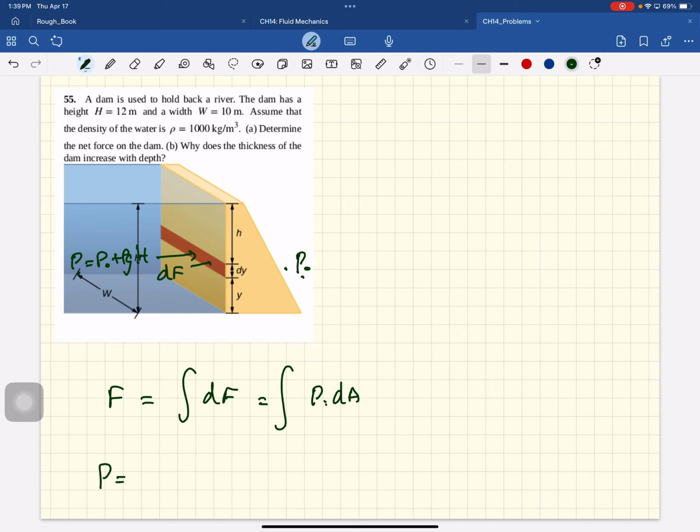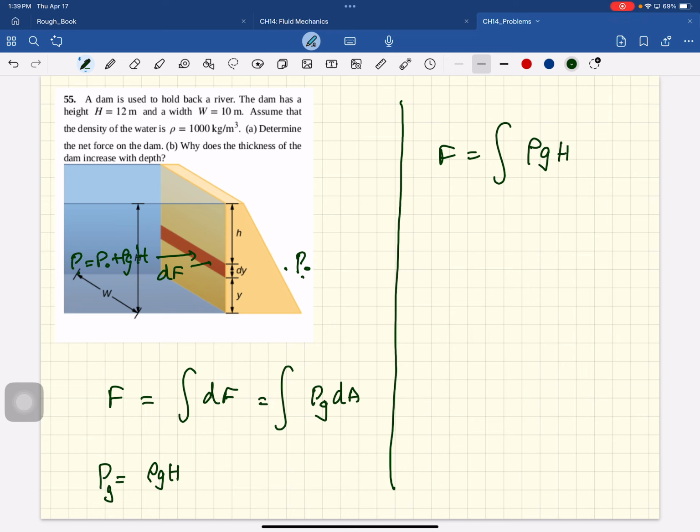So you have to apply gauge pressure, rho g h, times the area. So the net force is rho g h.